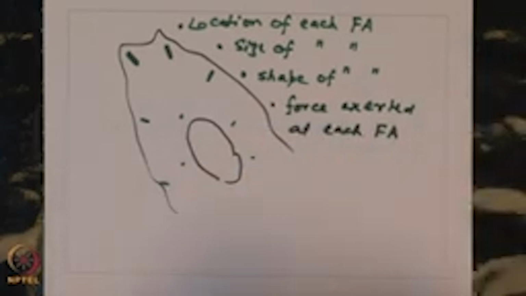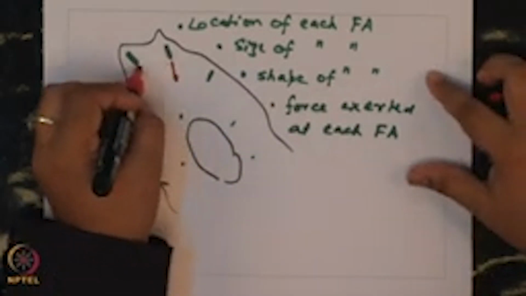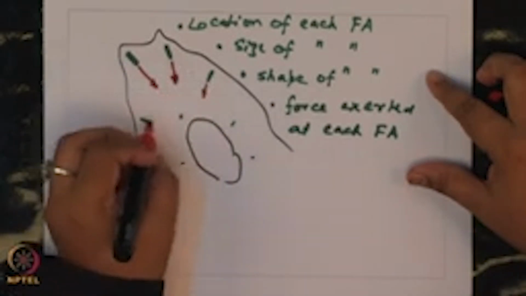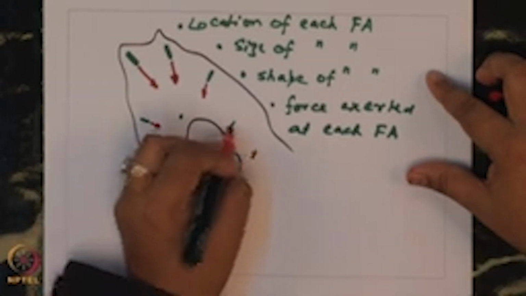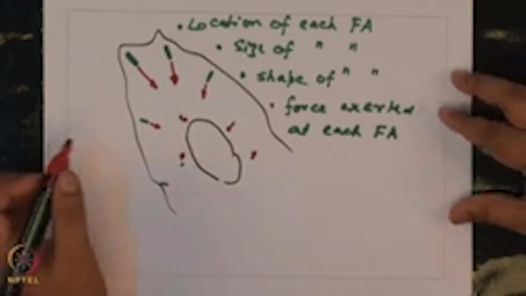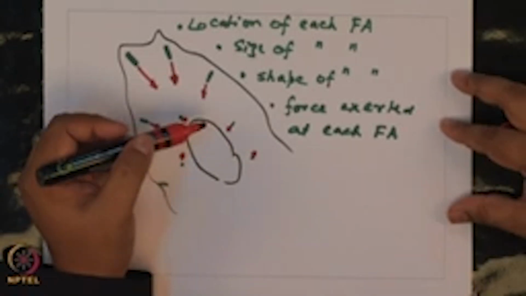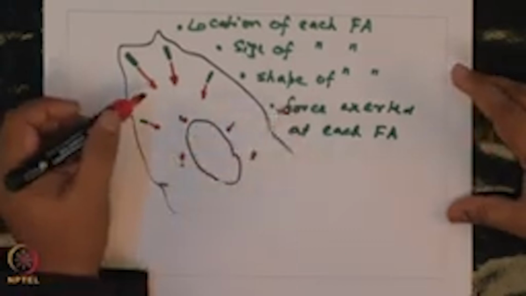So, what the authors found was that at each of these focal adhesions, I have drawn these red arrows to depict the forces at each adhesion and the direction.